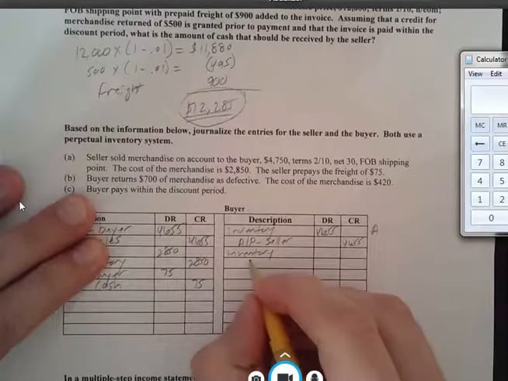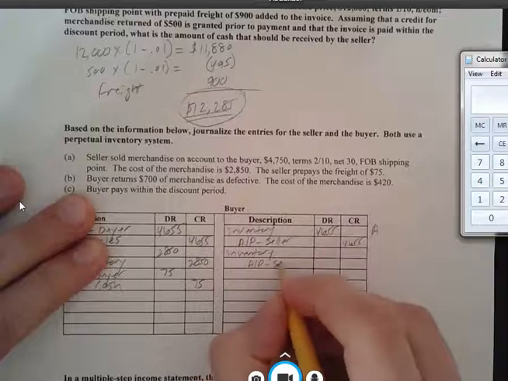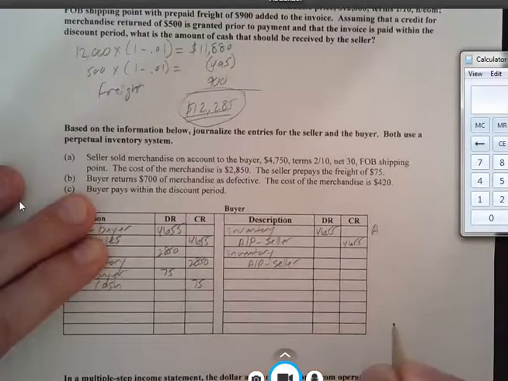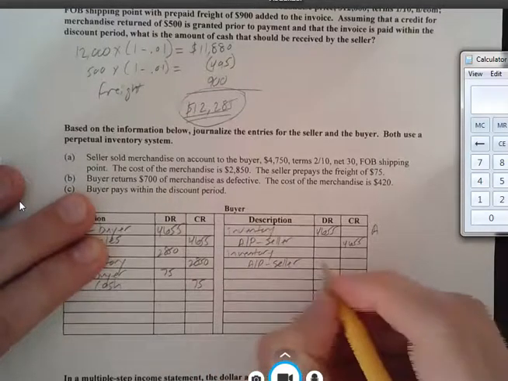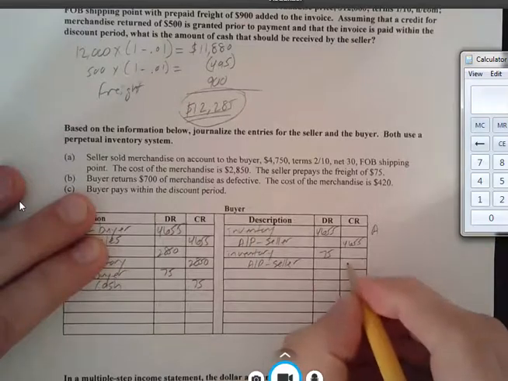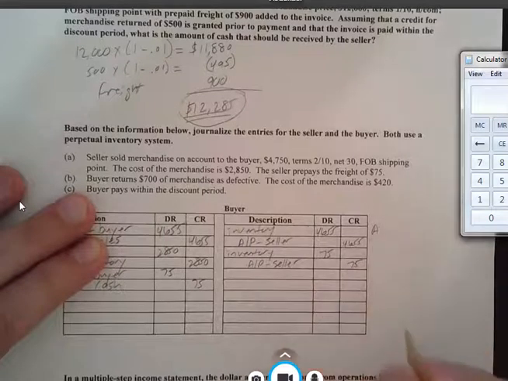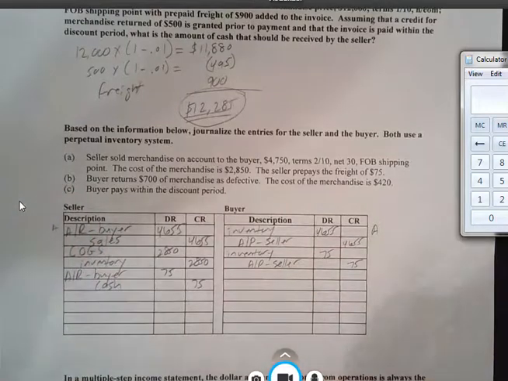They're going to be paying the seller, so they're really just adding it to the accounts payable that they've already set up. So 75 and 75. Now that's all we have to do for the buyer because we didn't have to account for the cost of the merchandise. The buyer will eventually do that when they resell it, but not yet. Okay, so that's it for requirement A.